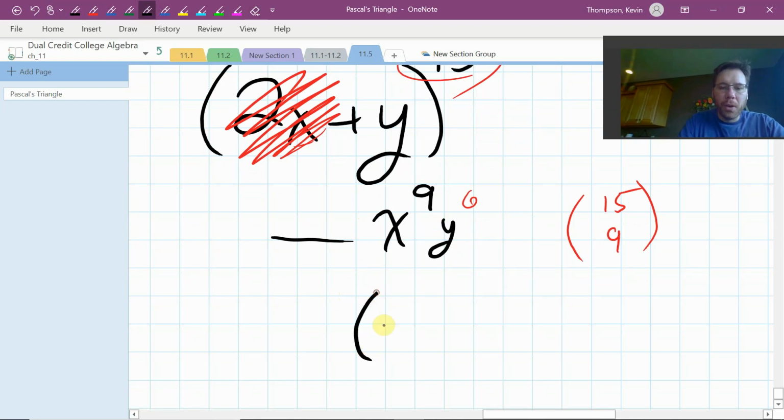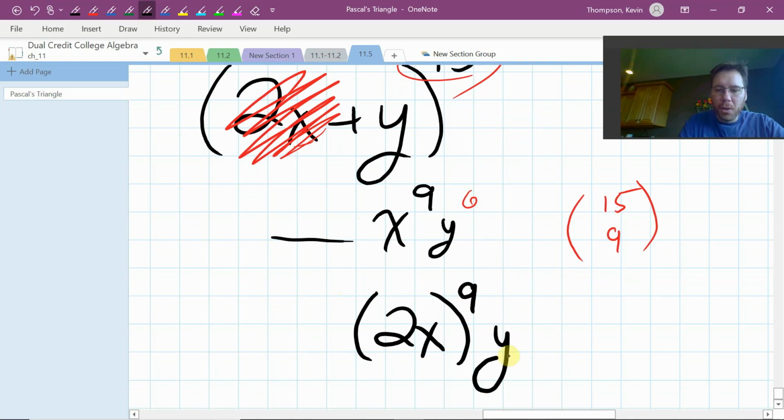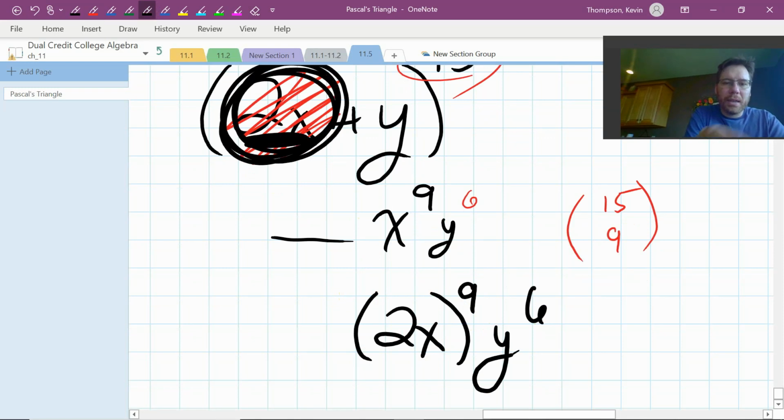So really what you have here is 2x to the 9th, y to the 6th. So the quantity 2x is being raised to the 9th, because this 2x, they're tied together. So if I want 9 x's, then I also get 9 2's multiplied together.